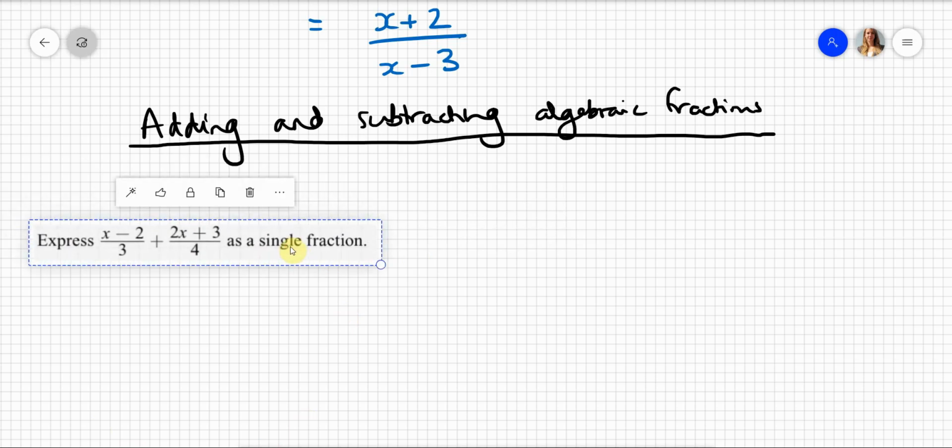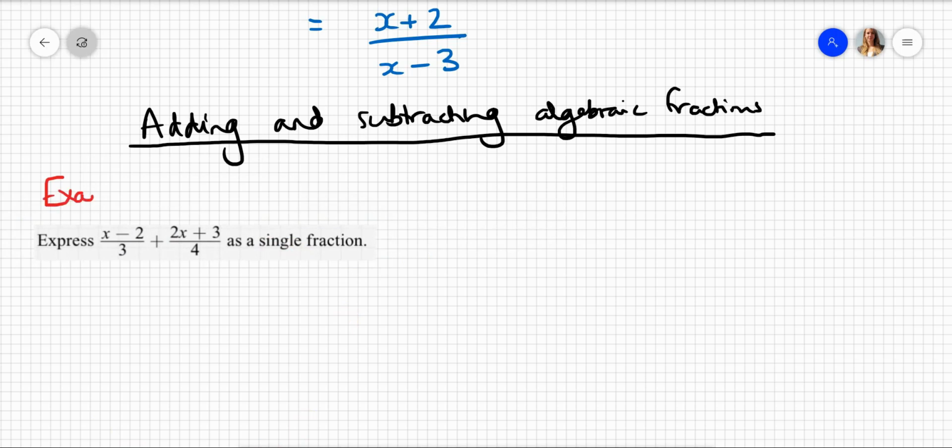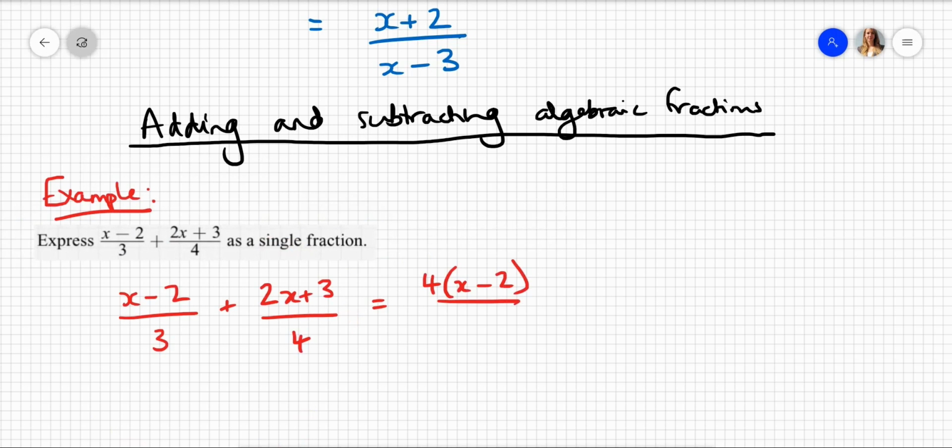If we want to express these fractions as a single fraction, we need to put them over a common denominator. The obvious denominator to use is 12. So we're going to multiply the first one by 4 and the second one by 3.